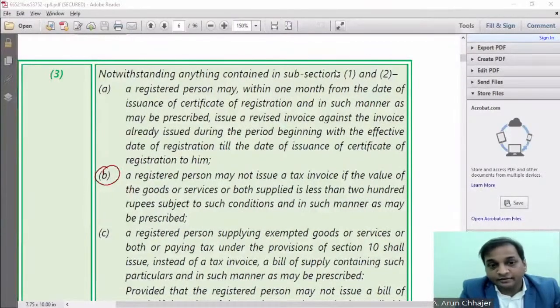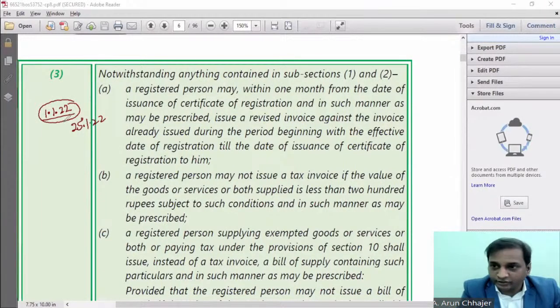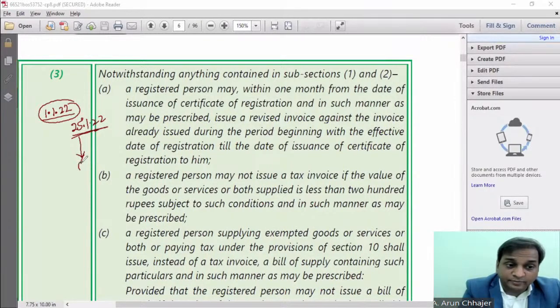Sandeep, I was saying that I have made the application on 25th Jan 2022. My turnover crossed the threshold limit, 20 or 40, whatever the case may be. What is the time limit to make the application for GST? 30 days. We have discussed in the registration chapter. And suppose my certificate is granted on 6th Feb.